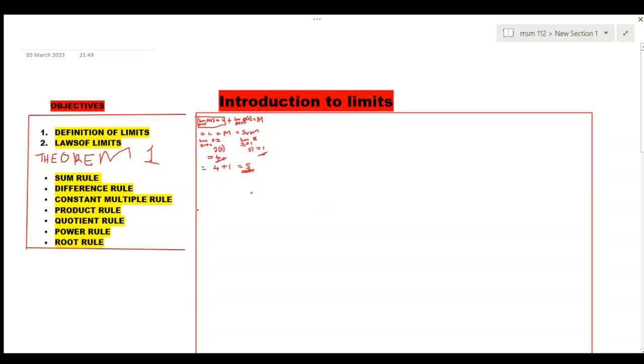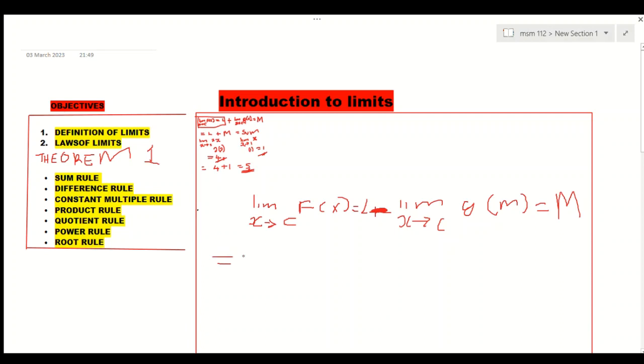So this one states that the limit as x approaches some constant value of f of x minus the limit as x approaches some constant value of g of x. So if this is equal to M and this is equal to L, minus is the difference rule, meaning this is equal to L minus M. So that's one and the same, such that this time around the sign has changed.